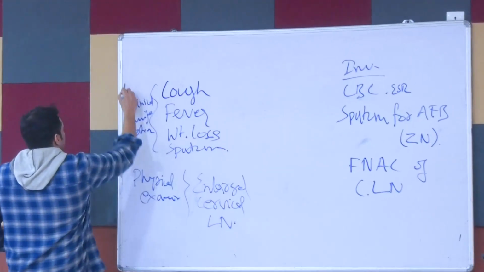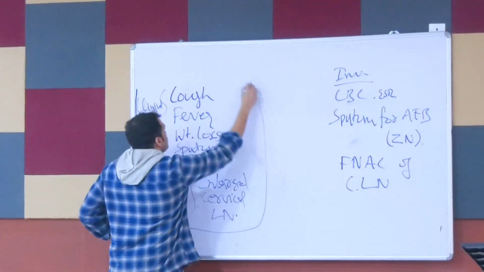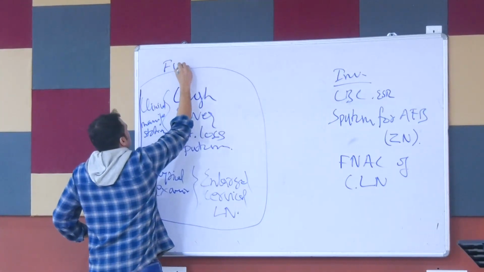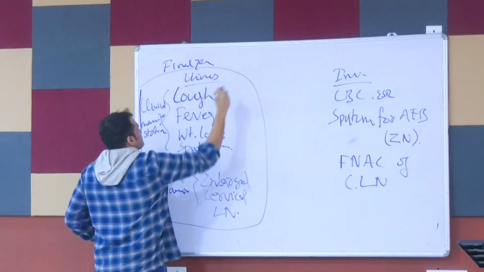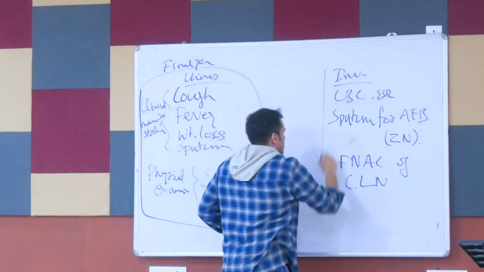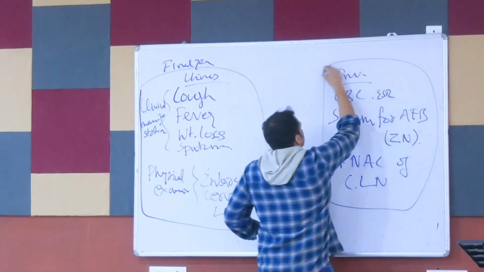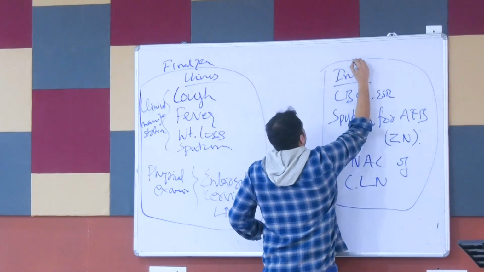And these are the tests you order. So basically, this is a final year subject. This thing belongs to final year, right? You'll see it in clinics. And these are all the investigations that you get in, say, second year.